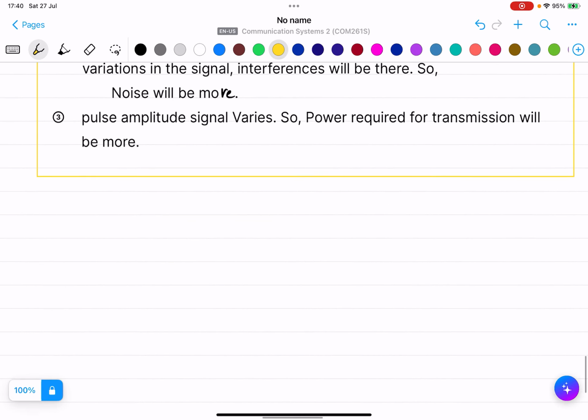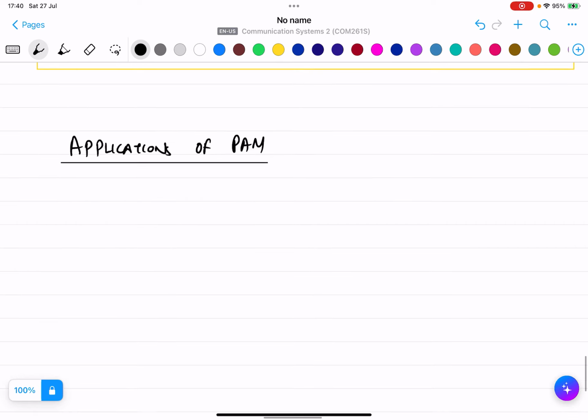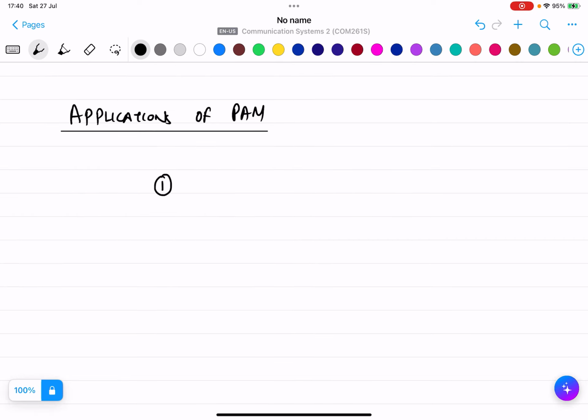Okay, and the last one is applications of PAM, where I can use this technique. The first one is Ethernet communications.